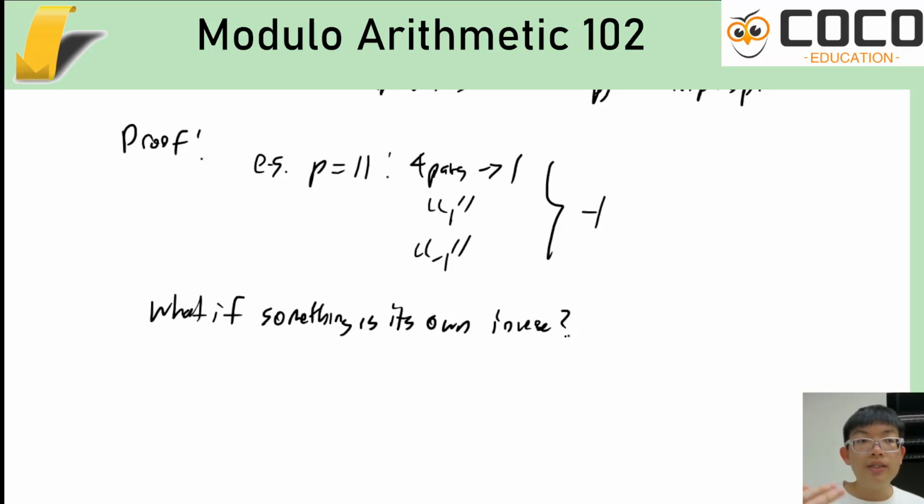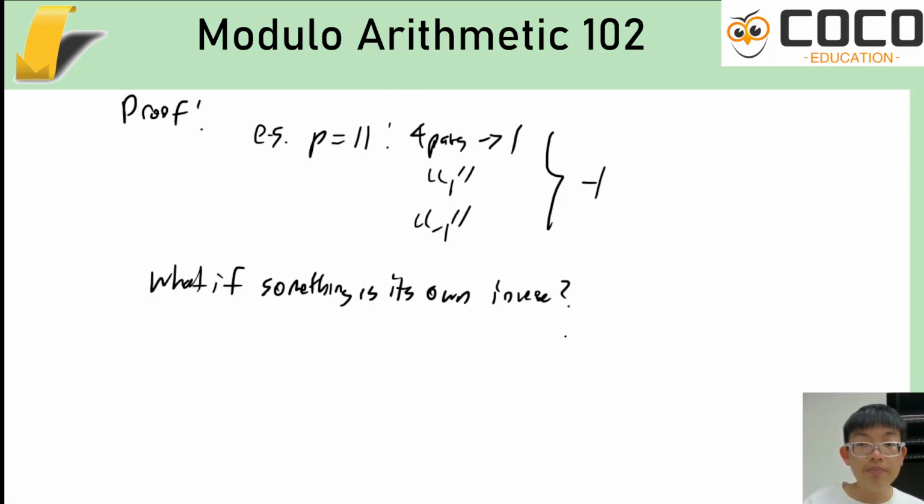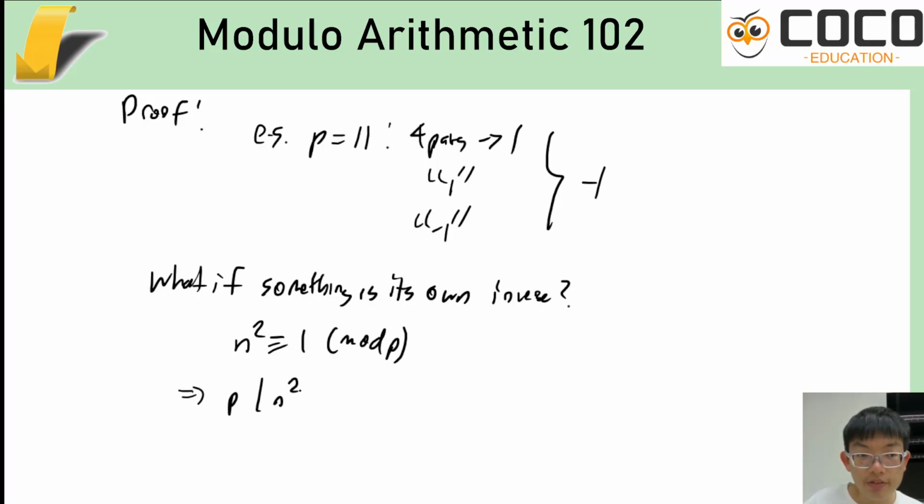Well, the answer is pretty simple. If it is its own inverse, then it literally means that it is multiplied by itself, and when it is multiplied by itself, it gives you 1 mod p. Which means that p divides the difference, which is factorizable into (n plus 1)(n minus 1).